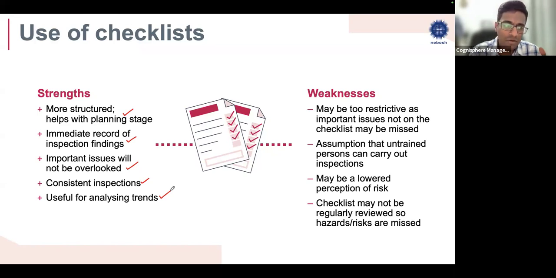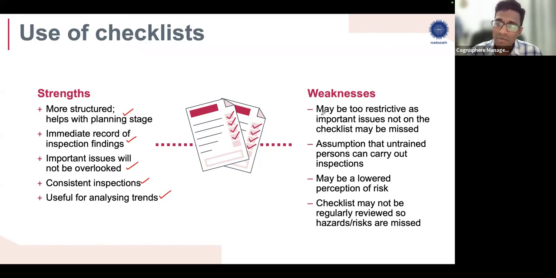So for example, if you look into the last 3 months' checklist reports, you may identify there is a trend, like in every checklist report, the highest finding that you have observed is related to poor housekeeping. So it helps you to analyze the trends and the problem areas.